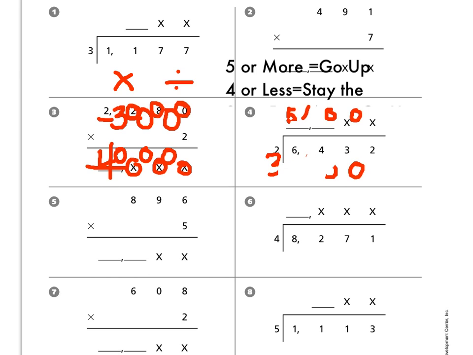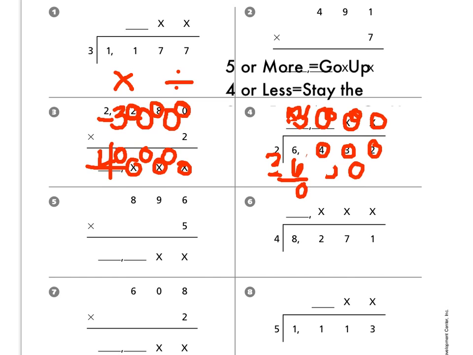So the 6 stays the same, but everything to the right of it changes to zeros. 2 goes into 6 3 times. 3 times 2 is 6, and I can subtract and get zeros. Now since we changed it, we are going to use 2 goes into 0 times. So your answer is going to be 3,000.